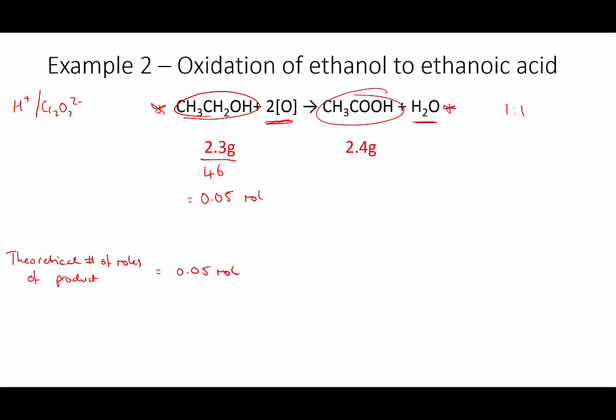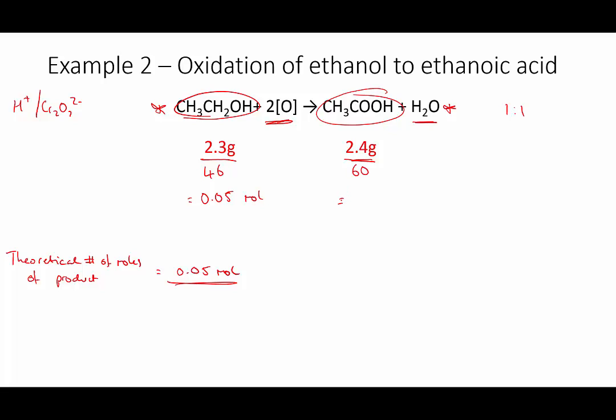So let's work out what the actual moles of ethanoic acid is in this question here. We're starting off with 2.4 grams. Let's divide it by the MR of ethanoic acid this time, not ethanol, ethanoic acid. The MR of ethanoic acid is 60.